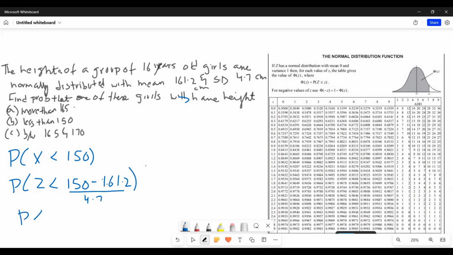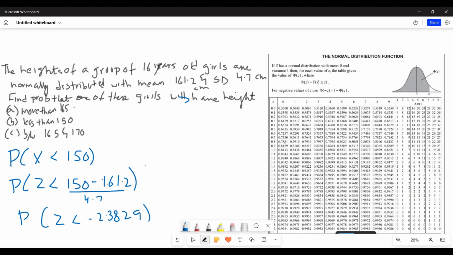So probability Z is less than a negative value, which is negative 2.3829.